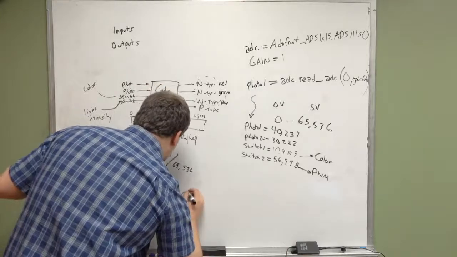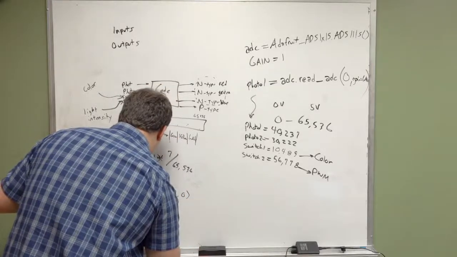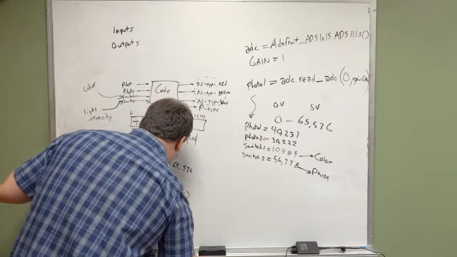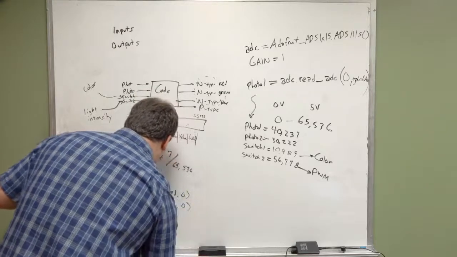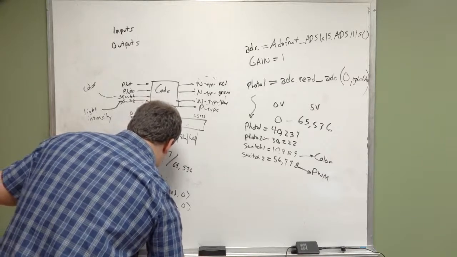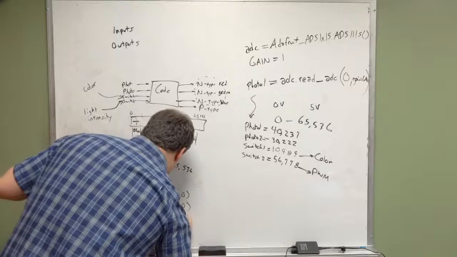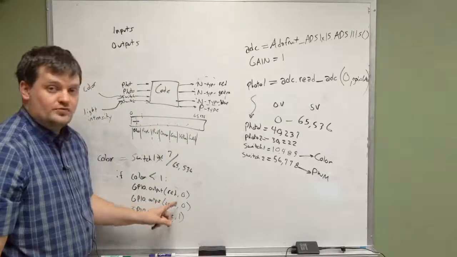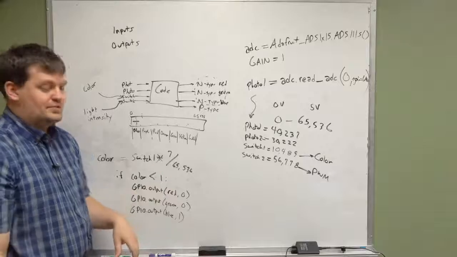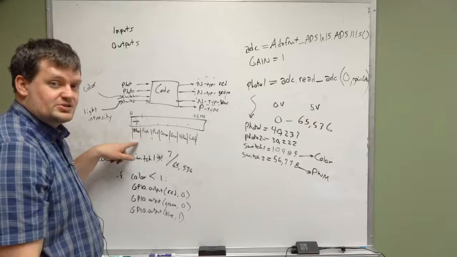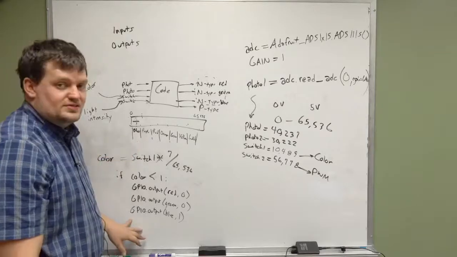Red will be 0. GPIO.output green will be 0, and GPIO.output blue will be 1. So this will turn on blue, turn off green, turn off red. Great.